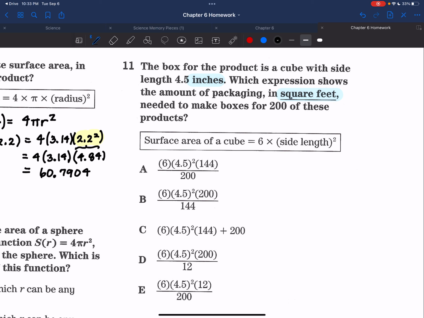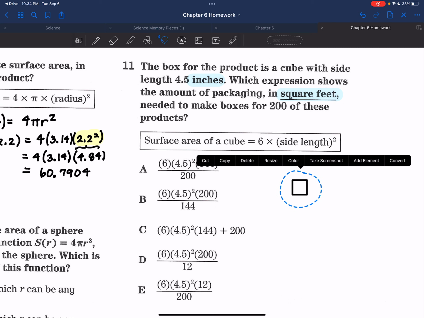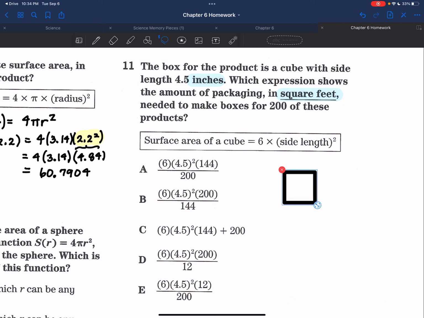So the sphere doesn't factor into this. We're just talking about the box to put the product in. And that box looks like this. I always like to see a picture, but I can't draw a sphere. That's like a basketball. But this one I can draw because it's angular.